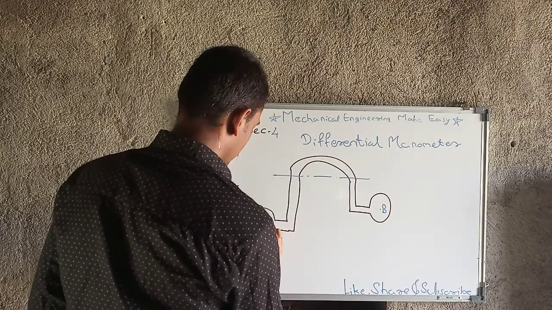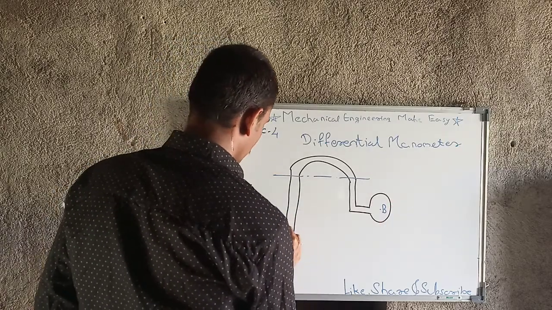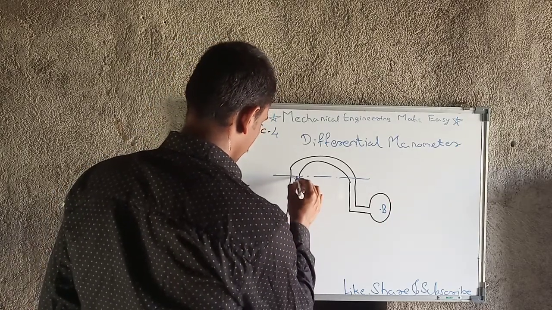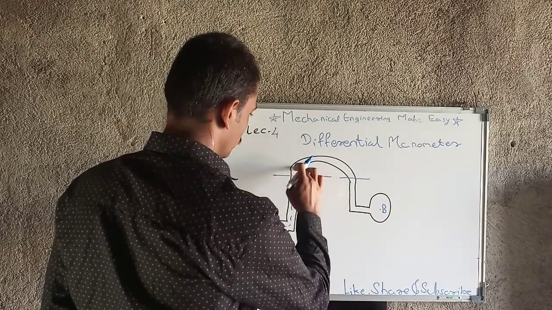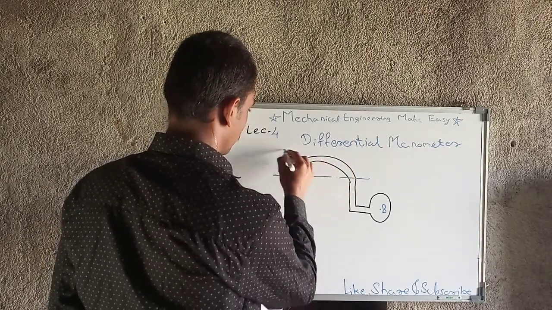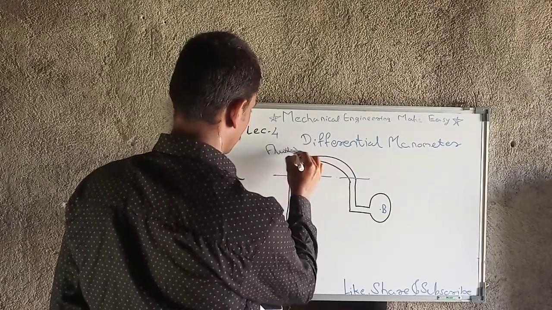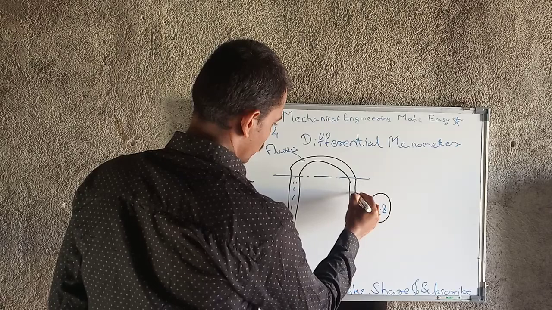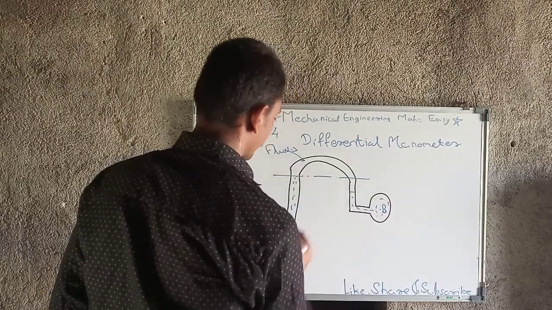Then if A has more pressure as compared to B, this fluid will pass up to this point. Okay, so ultimately the fluid which is present here, this is fluid 3, will go up to about this, and here is fluid number 2.